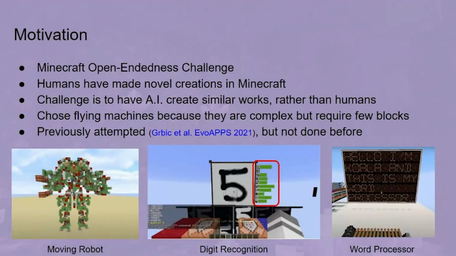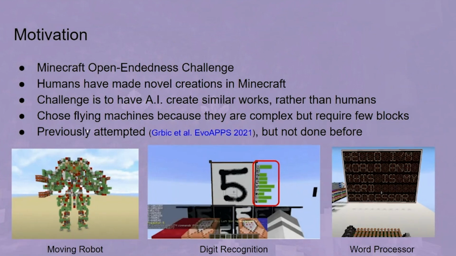So, I first want to talk about the motivation for doing this research project. There's this open-endedness challenge that takes inspiration from a lot of the novel creations and builds that Minecraft players have been known to make, as we can see a few examples here at the bottom.